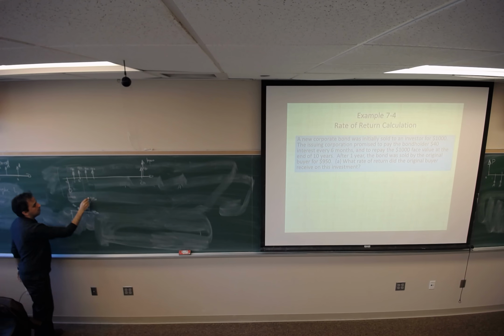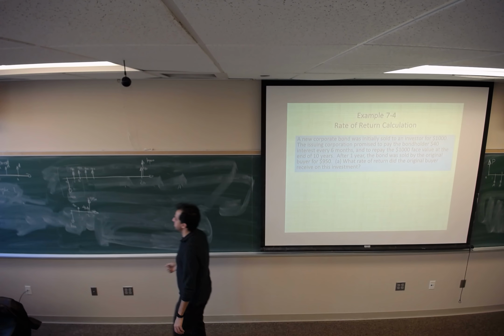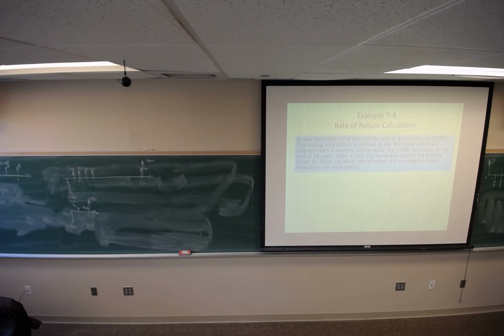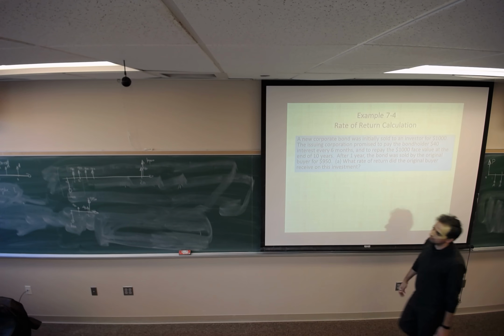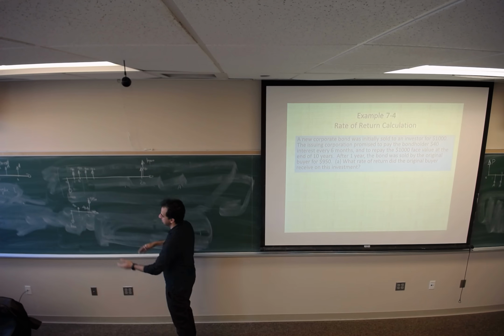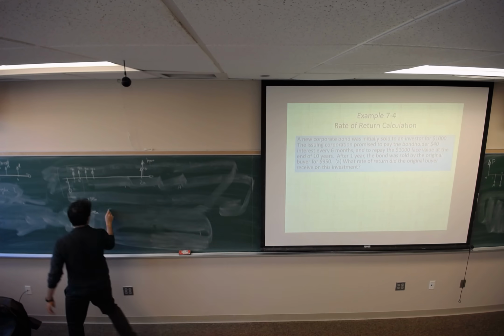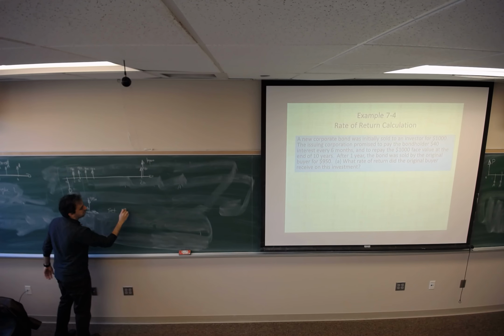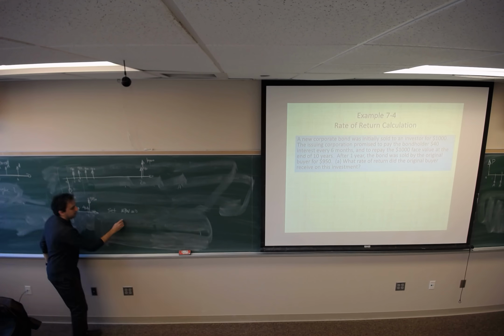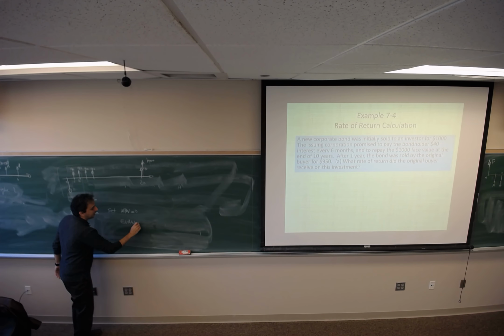The question is, what would be the IRR for the original buyer? So the original buyer is going to see this cash flow diagram. I'm using this equation. It's easier for me to use this equation, but you can use equivalent uniform annual worth and set it equal to 0.